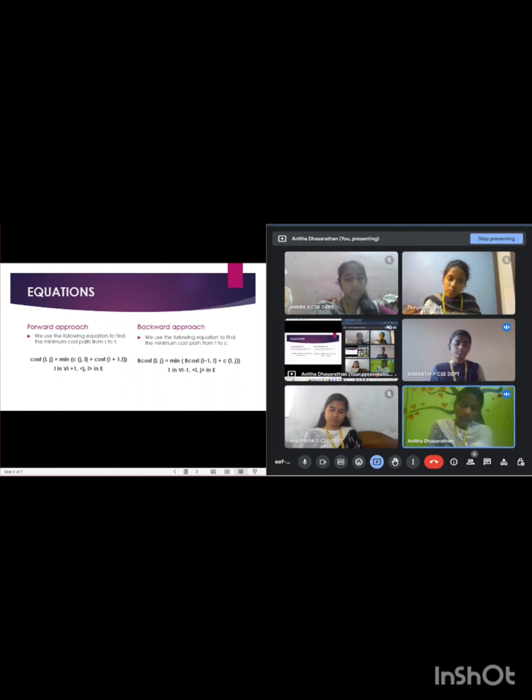So it means the cost of the jth vertex in the ith stage, that is equal to the minimum of c of j comma l plus cost of i plus 1 comma l. Here l represents the vertex in the next stage. And for the backward approach, it is the same, but for c of j comma l, we write l comma j, and bcost of i minus 1 comma l.